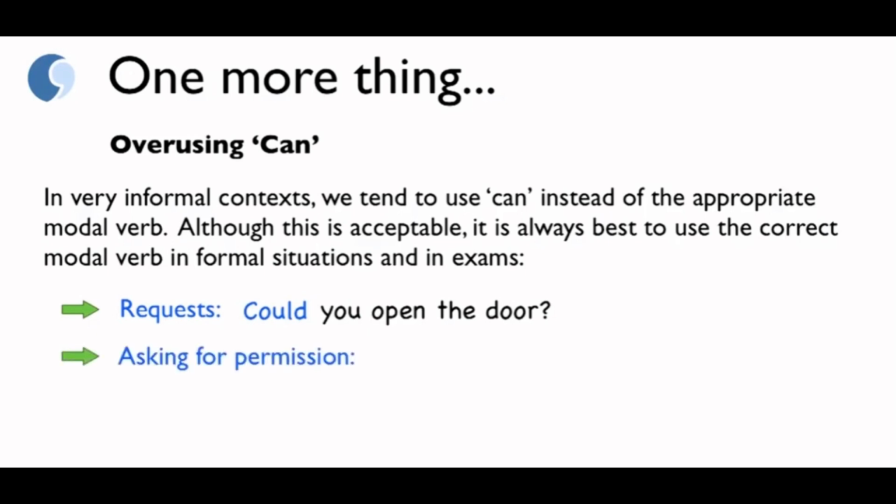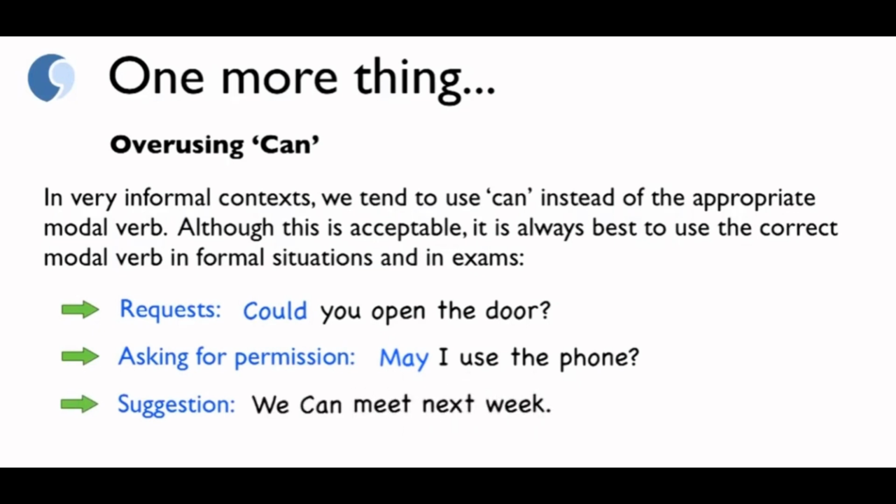So when you are in a formal situation, remember this. And when you are asking for permission, once again in an informal or friendly situation, you may hear people saying, "Can I use the phone?" But the correct modal is may. So I suggest using, may I use the phone. And to make a suggestion, you might hear people say we can meet next week.